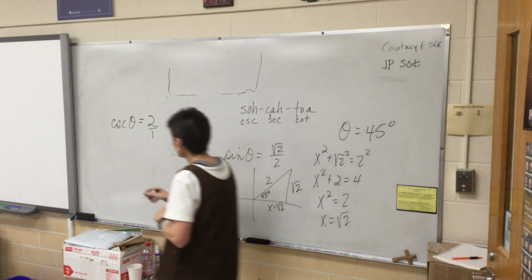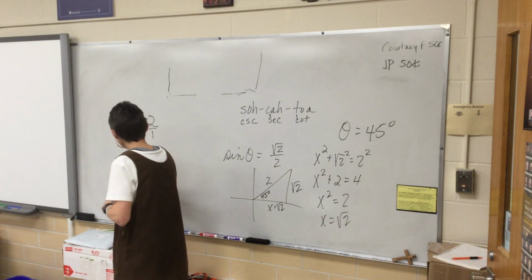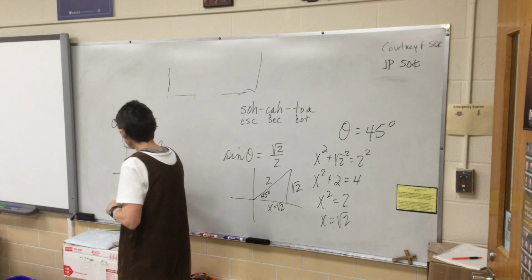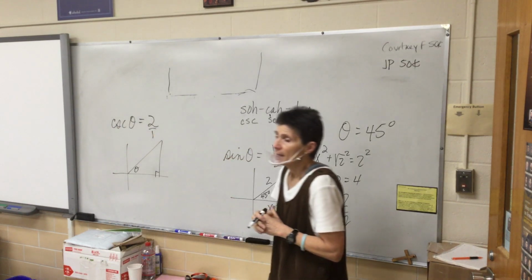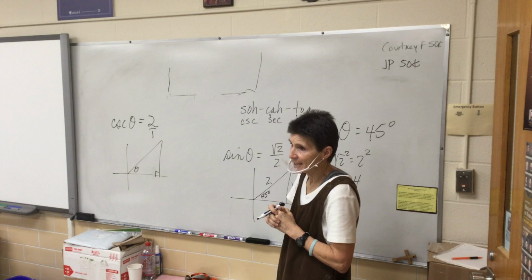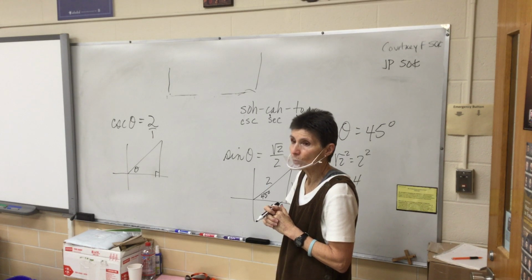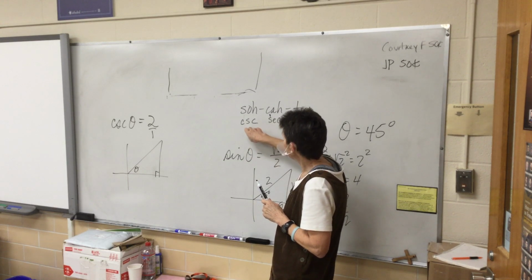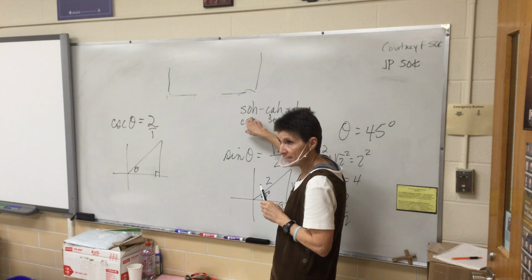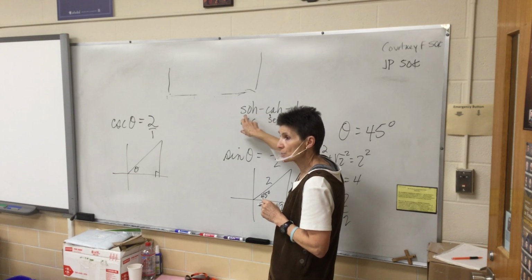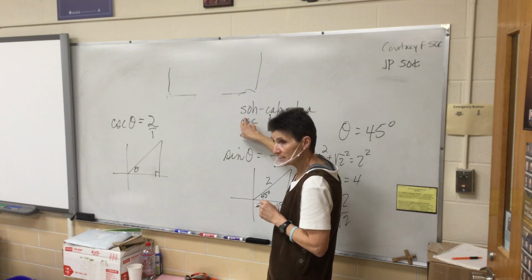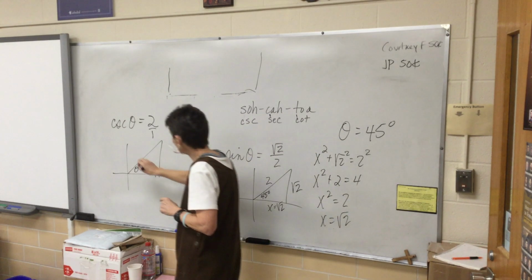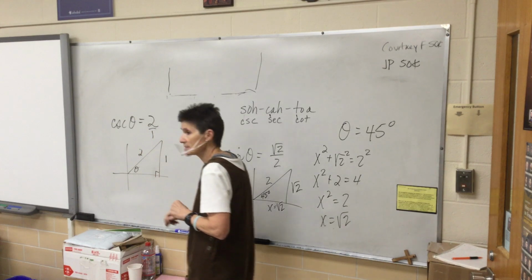Now, I have to draw a picture and figure out what angle is right here. And the cosecant is 2 over 1. Now, cosecant is the reciprocal of sine, so it must be hypotenuse over opposite. So hypotenuse is 2 and opposite is 1.